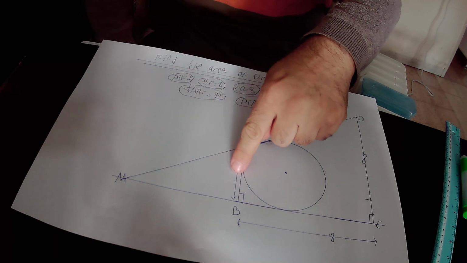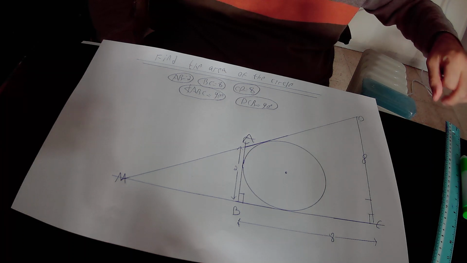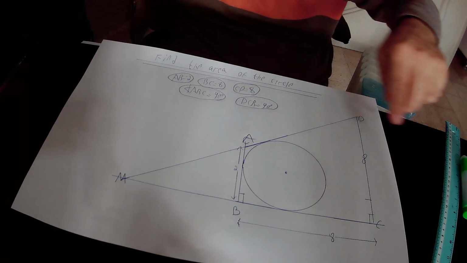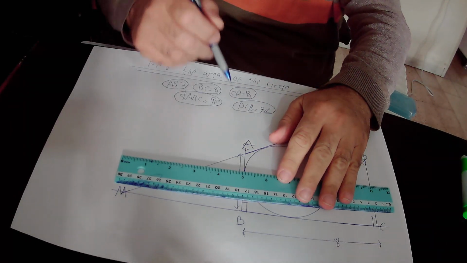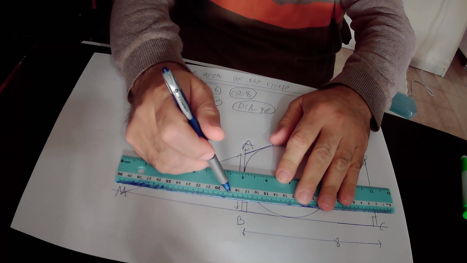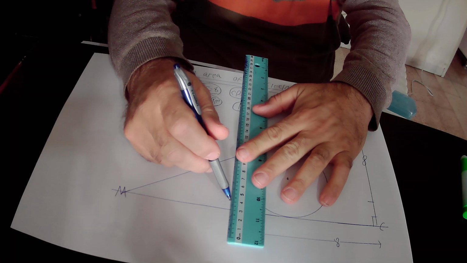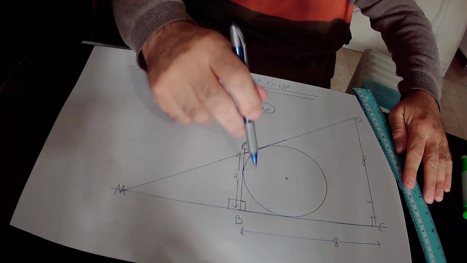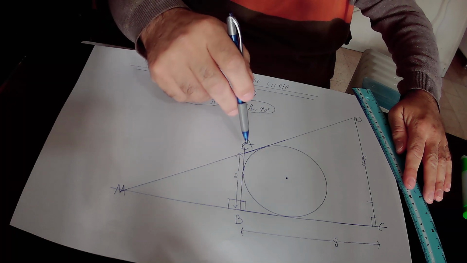In total, the sum of those two angles must be equal to 180 degrees according to the rule that I mentioned. Therefore, the missing angle ABM must be equal to 90 degrees. Okay?